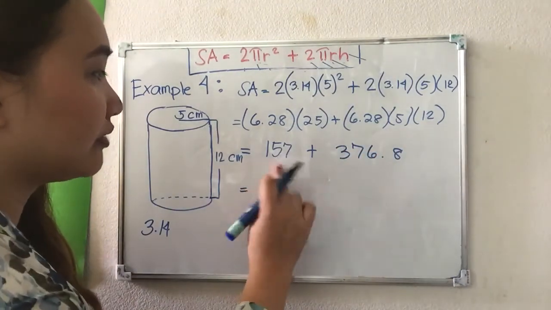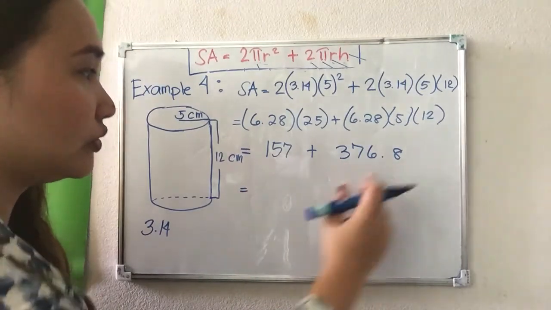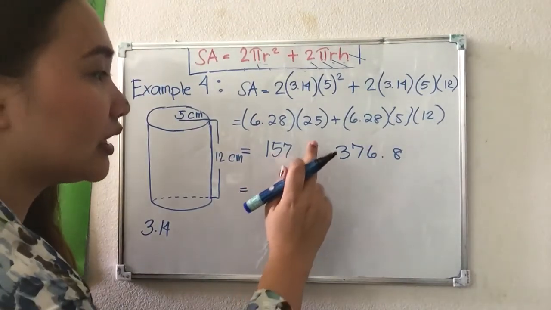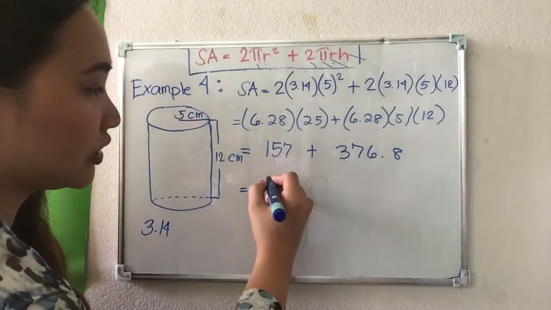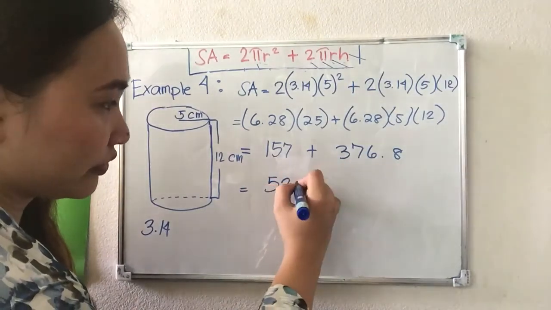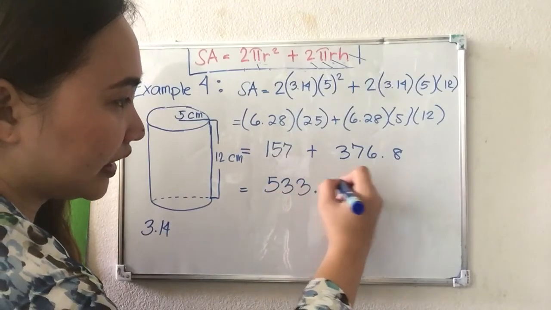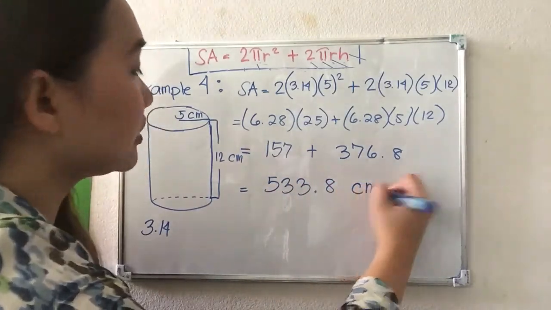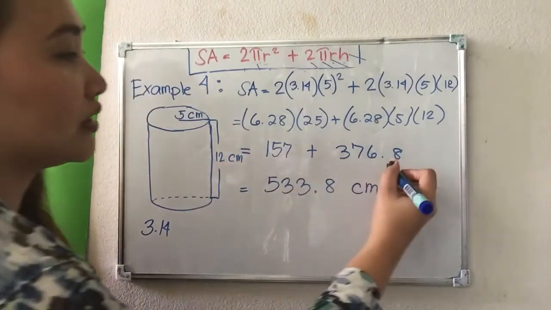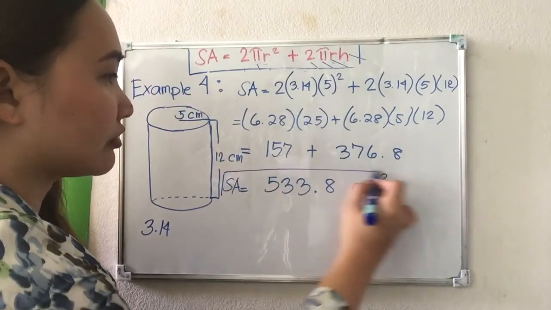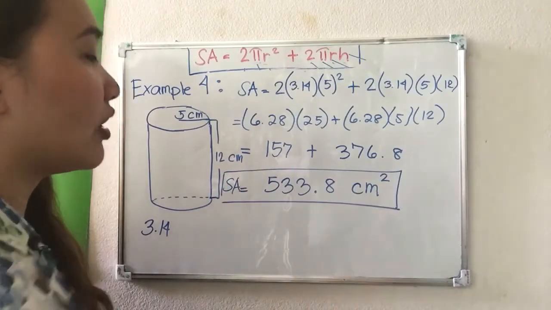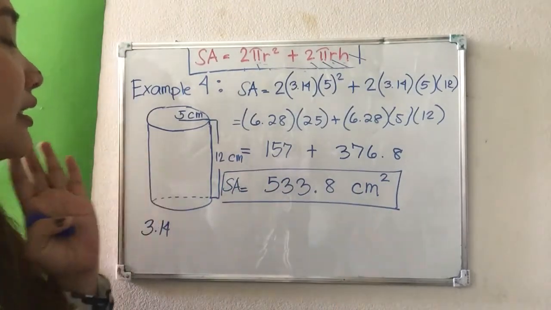Simplify this too. We have 157 plus 376.8, that is equal to 533.8. The unit is centimeter squared. That is our surface area of this given cylinder.